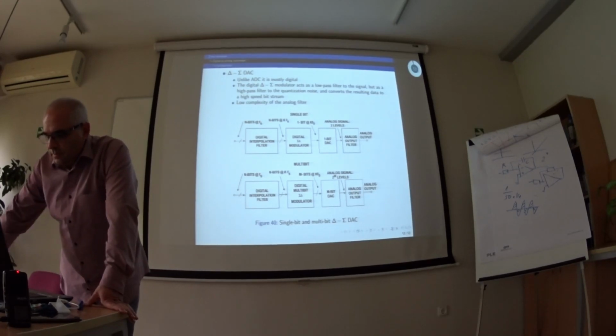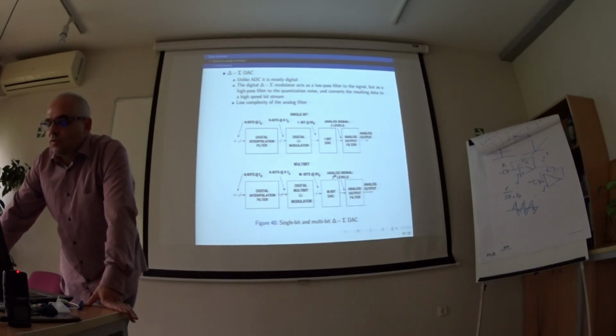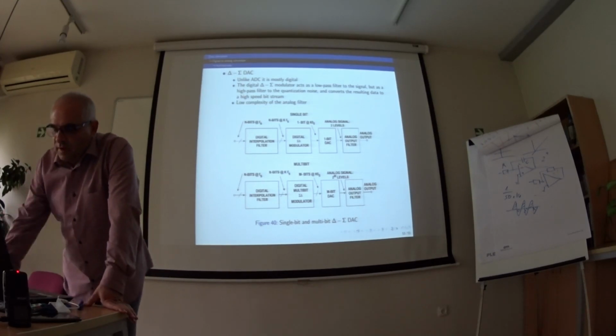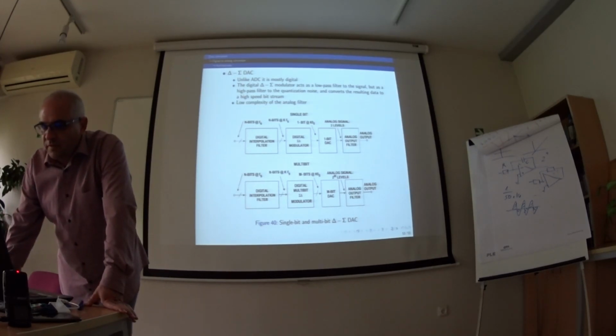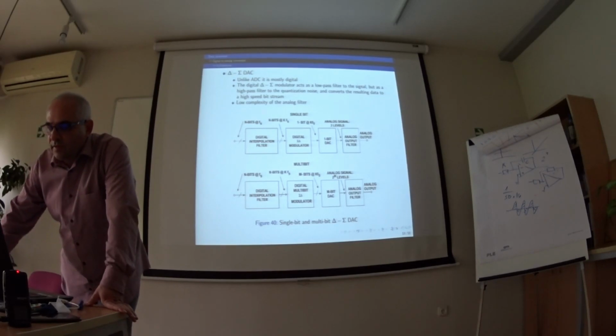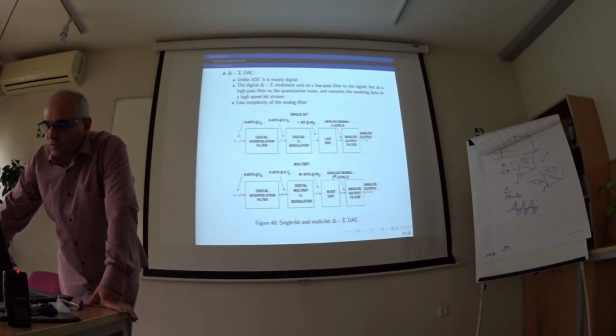And the last one will be the sigma delta digital to analog converter. It works in the opposite way to the analog to digital converter. In the analog to digital converter, we have high speed of low resolution data, and at the output we have low speed of high resolution data.